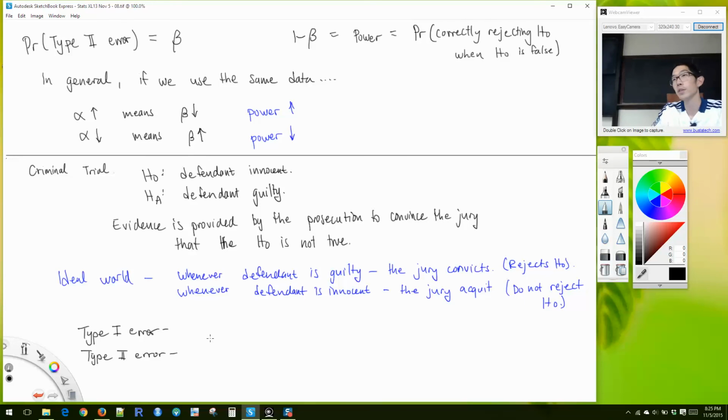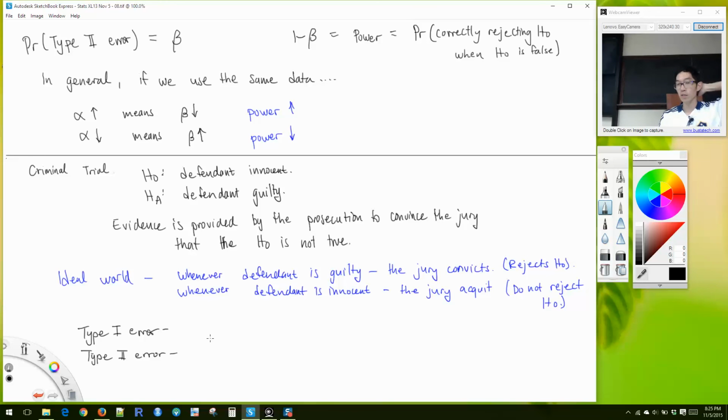A type 1 error is incorrectly rejecting the null when the null is true. A type 2 error is failing to reject the null when the null is false.